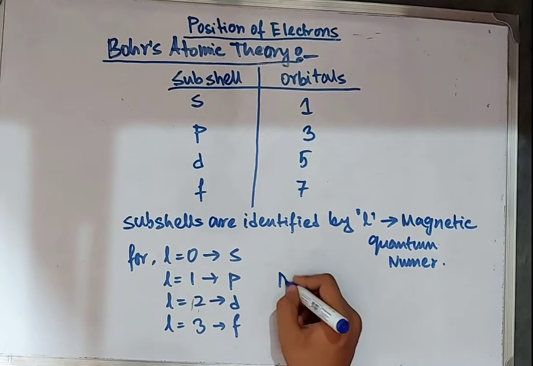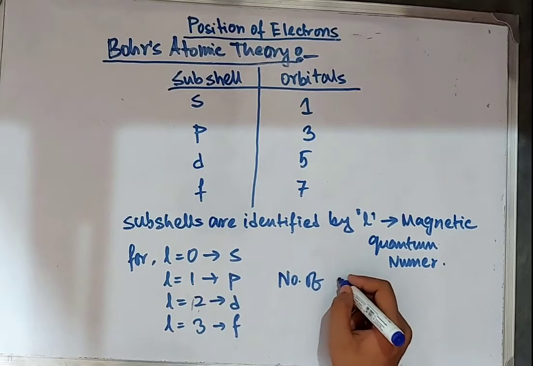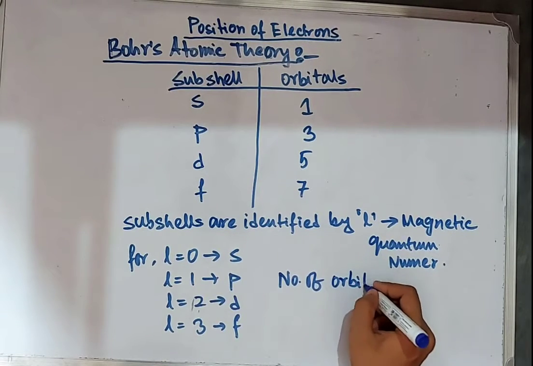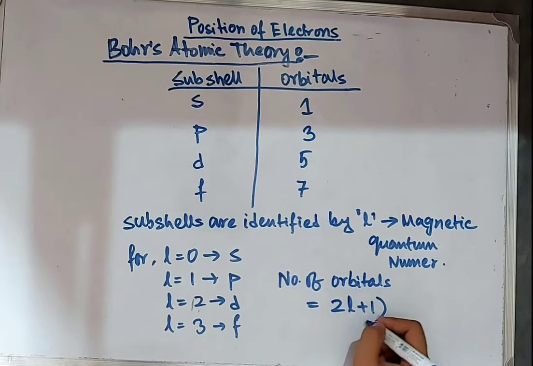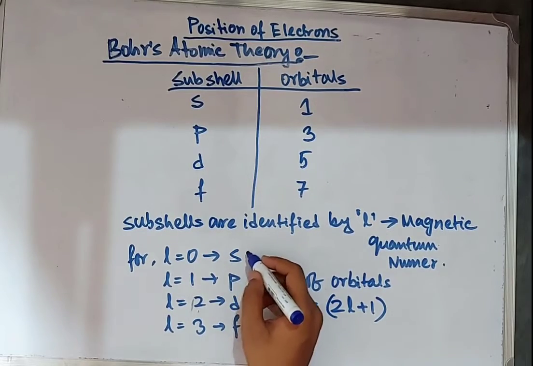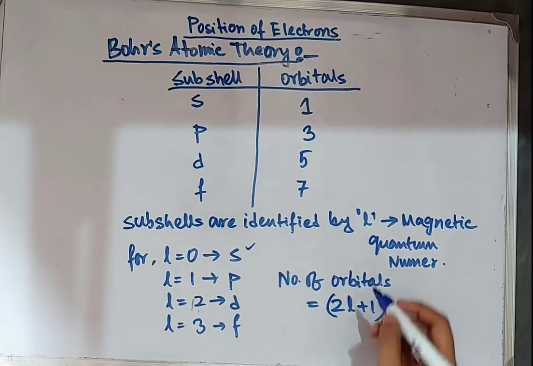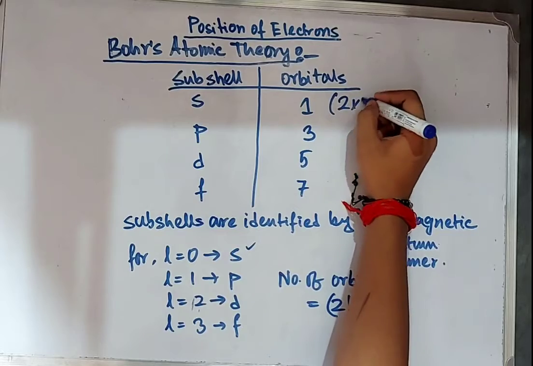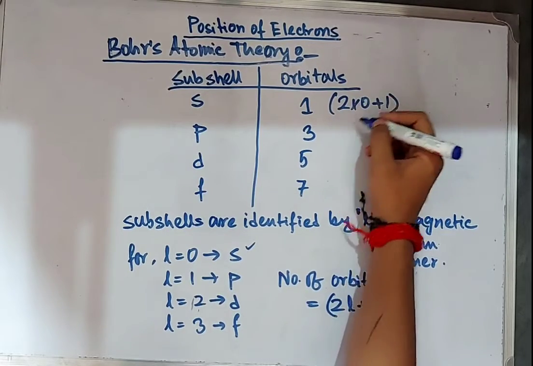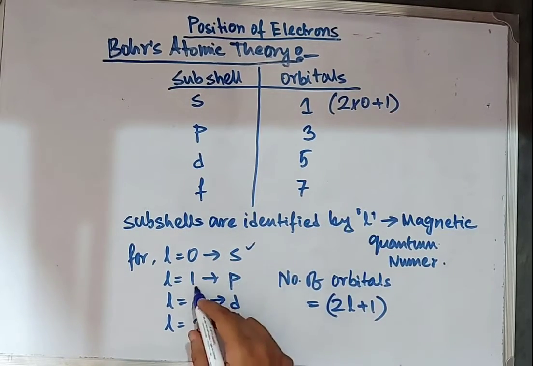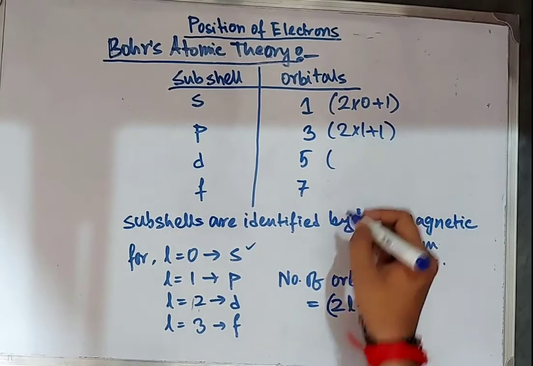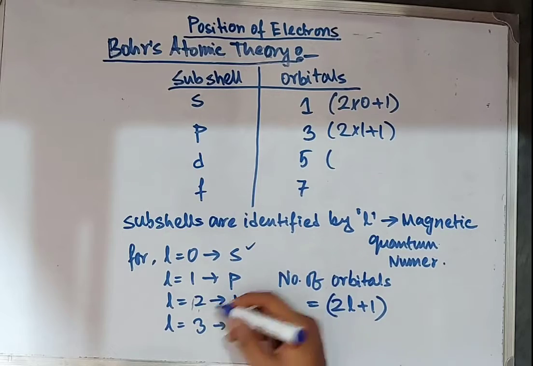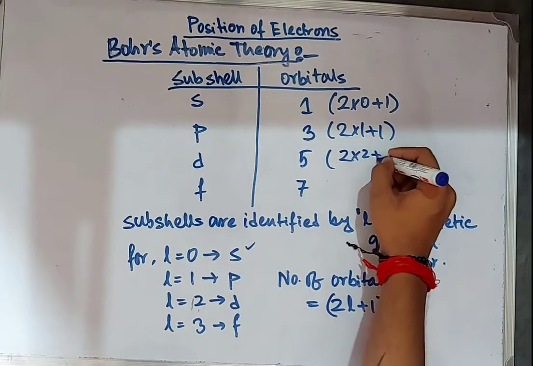So the number of orbitals is 2L plus 1. For S, it is 2 into 0 plus 1, that is 1. For P, L equal to 1, that means 2 into 1 plus 1. For D, L equal to 2, that means 2 into 2 plus 1.